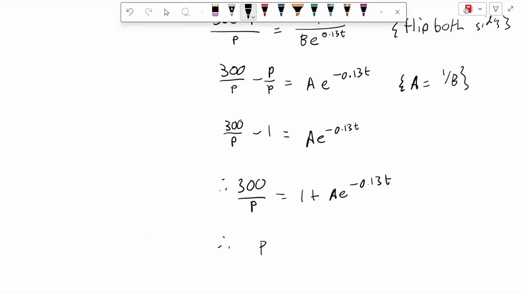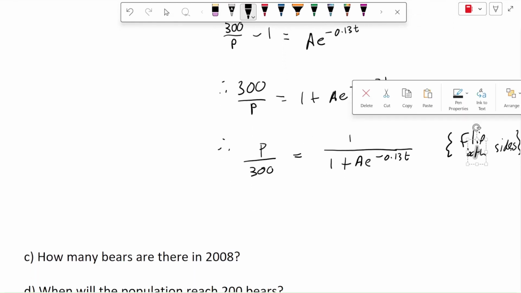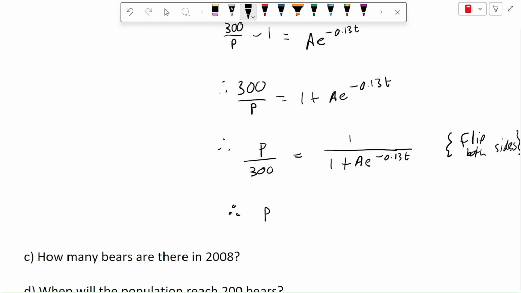Therefore, p over 300, believe it or not, we have to flip it again. So this is flip both sides. And then we can just multiply by 300. Well, that was fun.